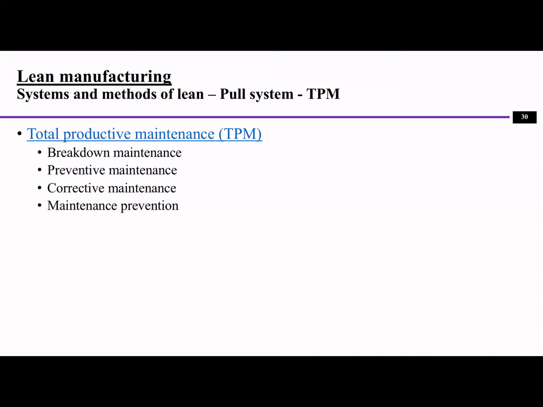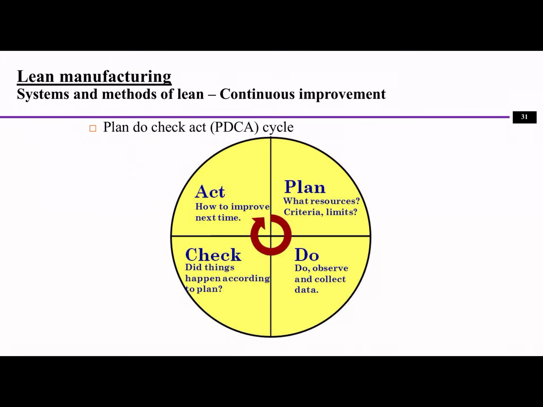So that's total productive maintenance, and it will tell you what policy to make on when to do the maintenance, how much breakdown you can avoid, and all these different activities related to it. Watch this video and get an idea of how this is practiced in companies.